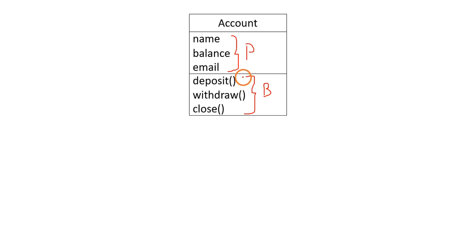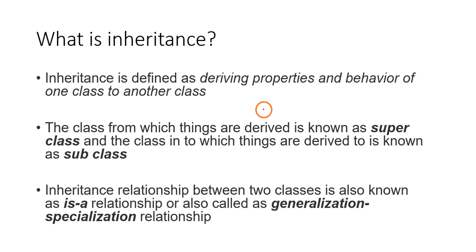All the methods are collectively called the behavior of a class. So let's go back. I think now the definition is clear, right? Deriving properties and behavior of one class to another class.